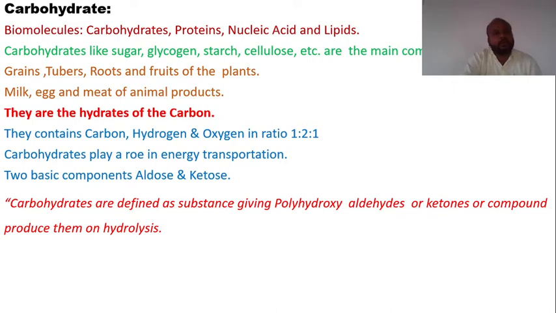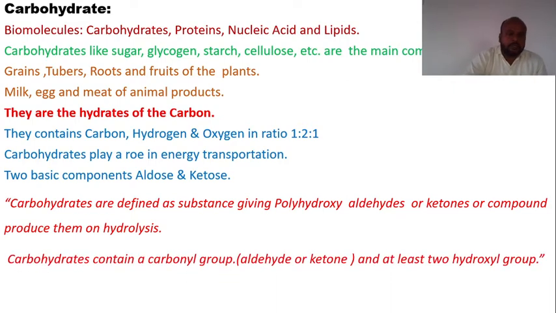So a carbohydrate contains a carbonyl group, particularly aldehyde or ketone, and at least two hydroxyl groups. This is nothing but the introduction of carbohydrates. I think you all know what is meant by carbohydrate: it is an energy source and contains carbon, hydrogen and oxygen.